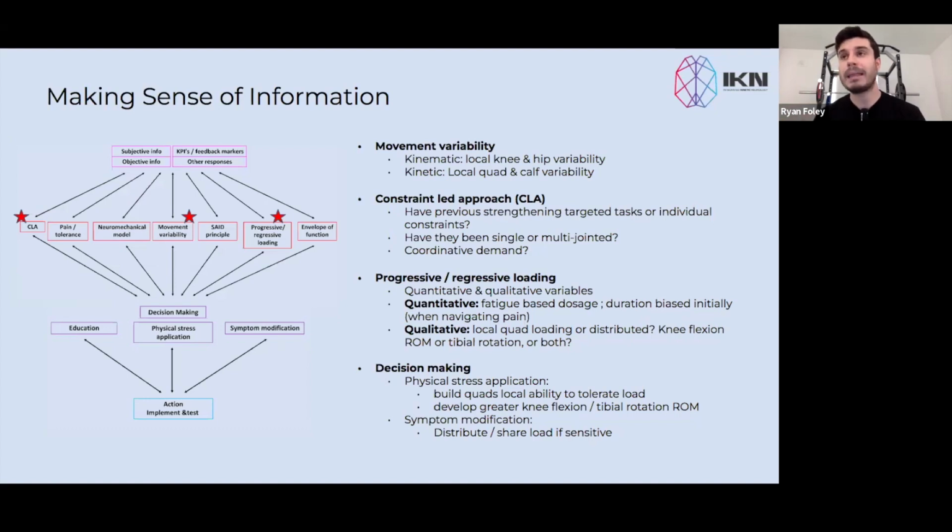Maybe they can't tolerate load through the quads, or they have pain when they load the quads because the quads are doing too much. That is a possibility as well. But because the individual has a history of surgery, we're hypothesizing that that quad cannot tolerate load and that knee cannot tolerate load because it is, let's just keep it simple, weak and it has low capacity.